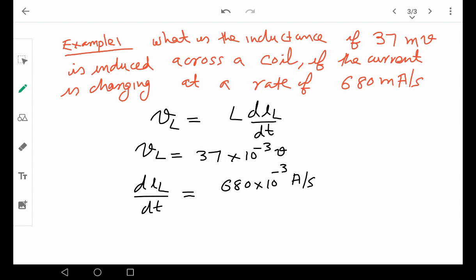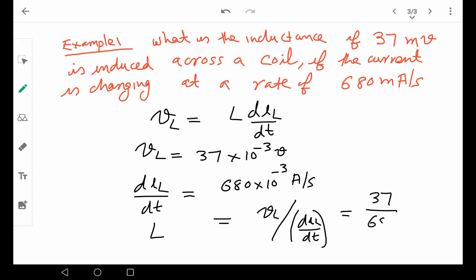You are asked to find L. So L equals VL divided by dIL by dt. This will be 37 divided by 68, because the 10 raised to minus 3 terms cancel.